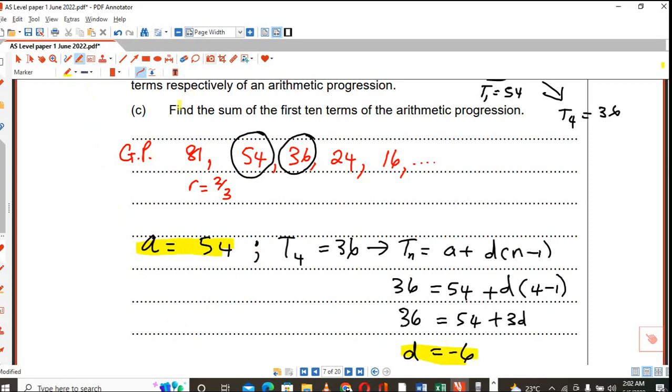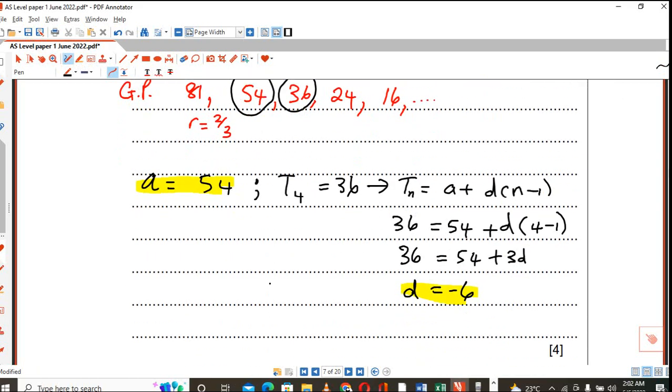Now they are saying, find the sum of the first 10 terms. The formula we are using here is the sum of n terms, so S sub 10 equals 10 over 2, then you have 2 times 54 plus -6 times (10 minus 1).